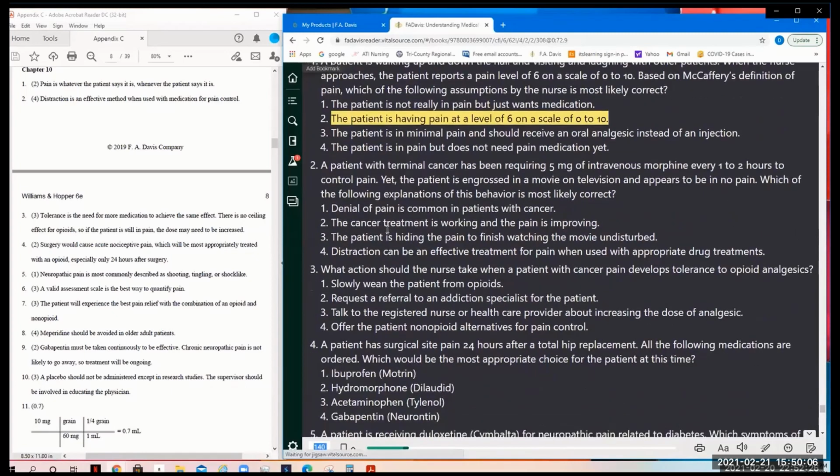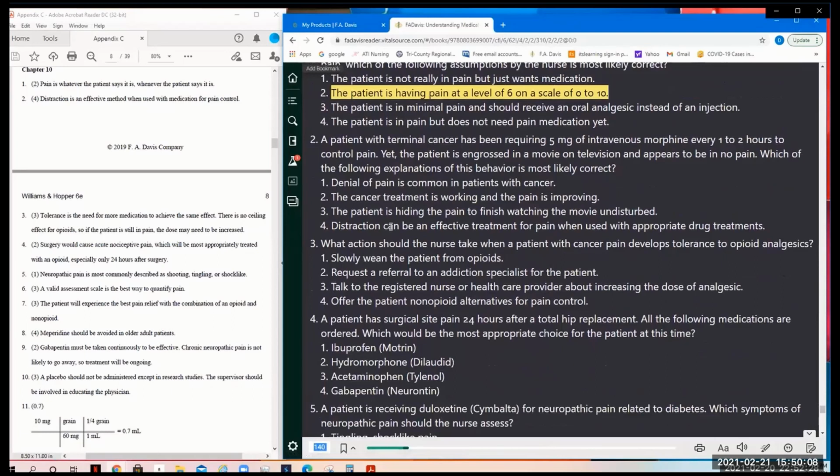Number 2, a patient with terminal cancer has been requiring 5 milligrams of intravenous morphine every 1 to 2 hours to control pain. Yet the patient is engrossed in a movie on television and appears to be in no pain. Which of the following explanations of this behavior is most likely correct?